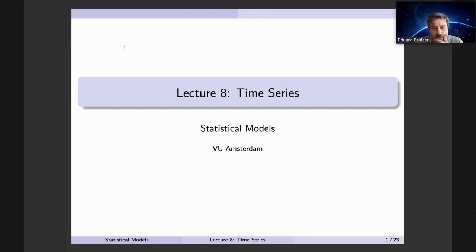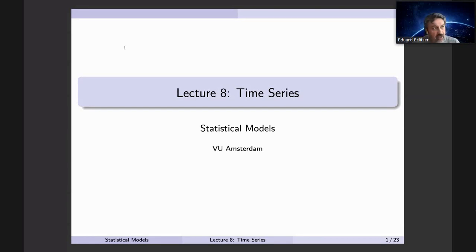Anyway, let's go on. What we did is move from very specific models, the linear model. Everything was very rigid there, a very rigid structure: a linear function, an additive model, normal errors.